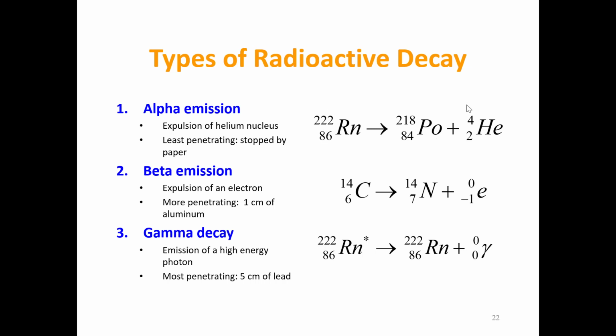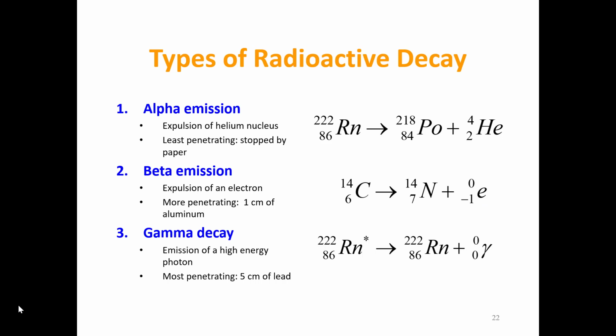And we always need to write the alpha particle at the end of the equation. In the case of beta emission, the atomic number increases by 1, but the mass number stays the same. And we always need to write the beta particle symbol at the end, in the equation.